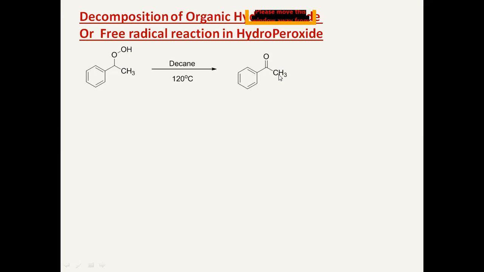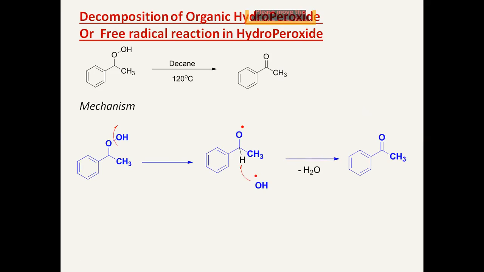So how is it taking place? Let us go for the mechanism. Very simple. When you heat this, there is a breakage of the peroxide linkage, and free radicals are generated. OH is lost, so there is a radical generation here. This OH radical further tries to abstract the hydrogen which is attached here.